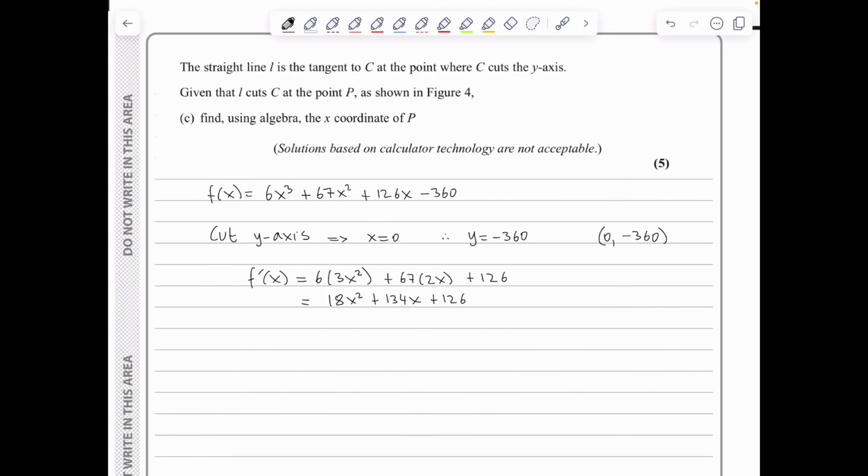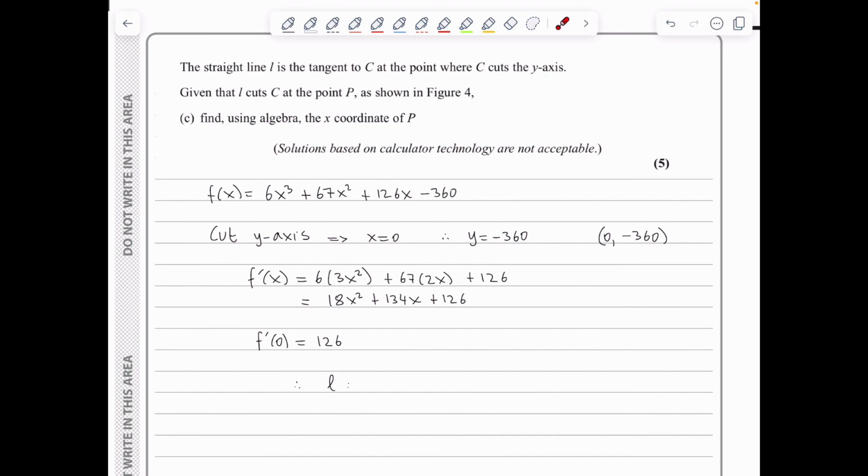I will evaluate the gradient function when x is 0, because that's the point at which the line is a tangent to C. So f dash of 0 is simply 126. So we know that the straight line L has a gradient of 126 and a y-intercept of minus 360.